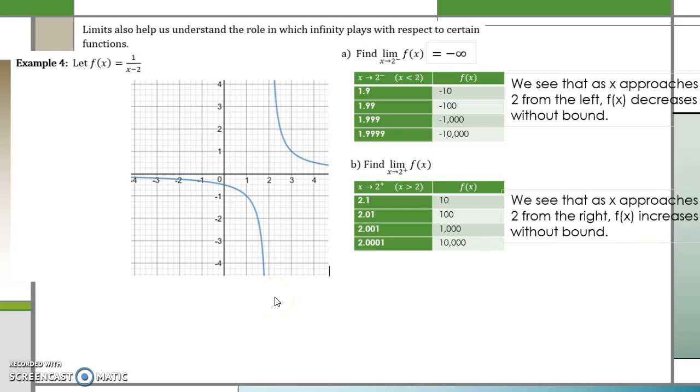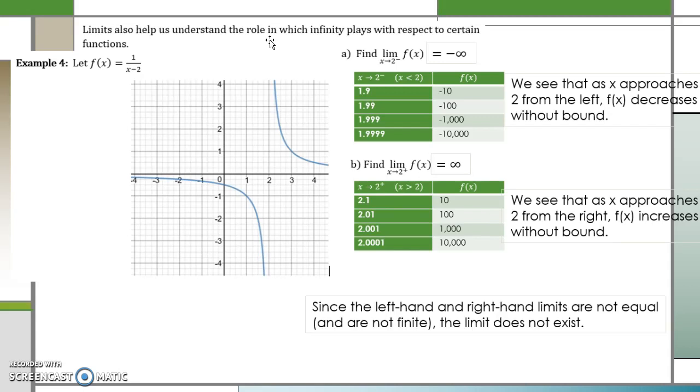Further, we can see that as x approaches 2 from the right, f of x is increasing, so our y values are increasing without bound. So this time, this limit is going to infinity. However, since the left hand and right hand limits are not equal and certainly not finite, meaning they don't end, the limit does not exist at 2.